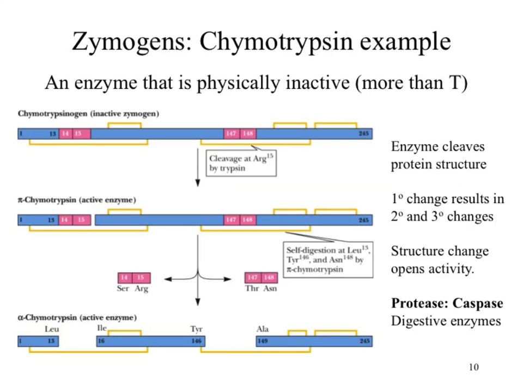So now instead of it being one peptide chain, or polypeptide chain, it's now two. That cleavage now activated this portion of the enzyme that allows it to then go through and cleave these other bonds. And now we've got a new form of the enzyme that actually has three peptide chains.